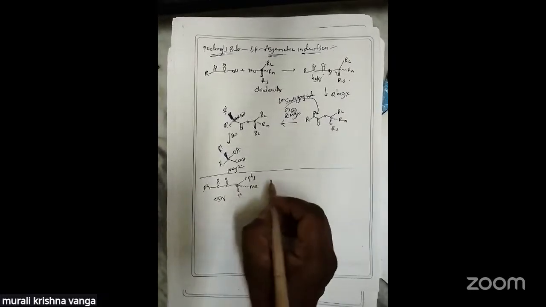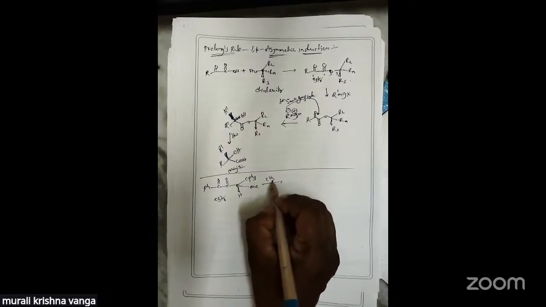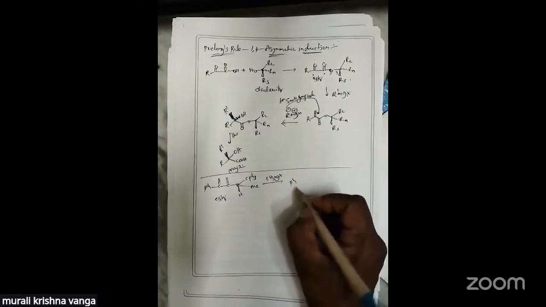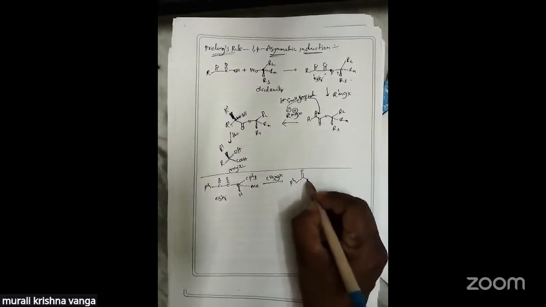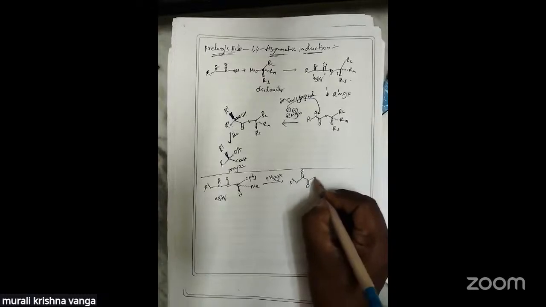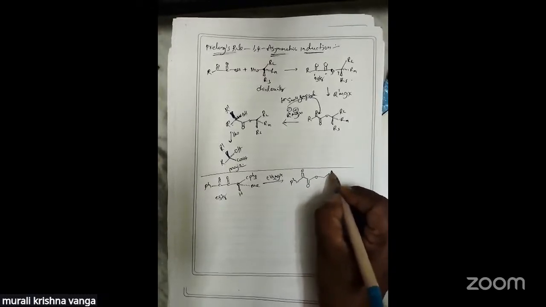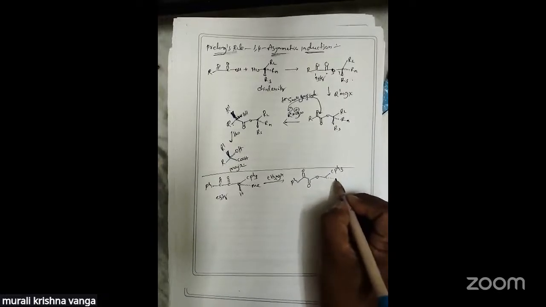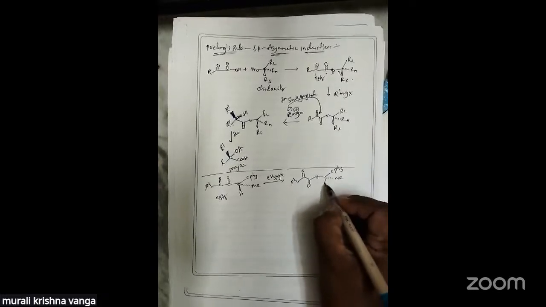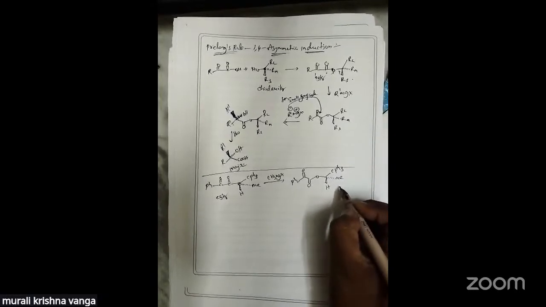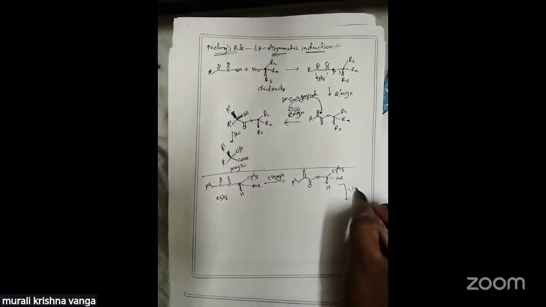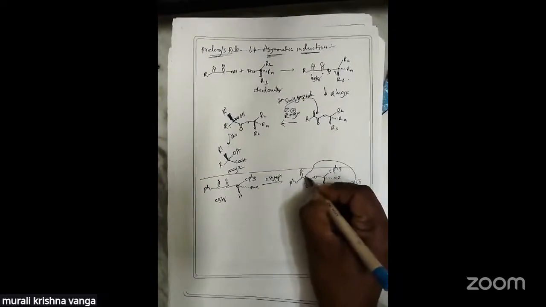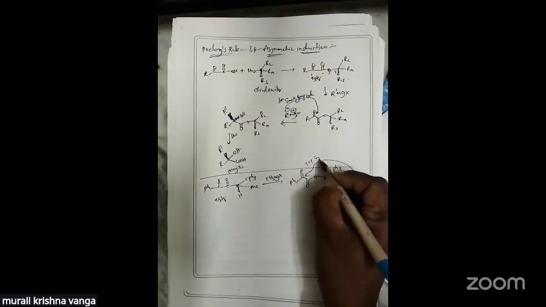When this ester reacts with methyl magnesium halide, then the product is formed from the top side.